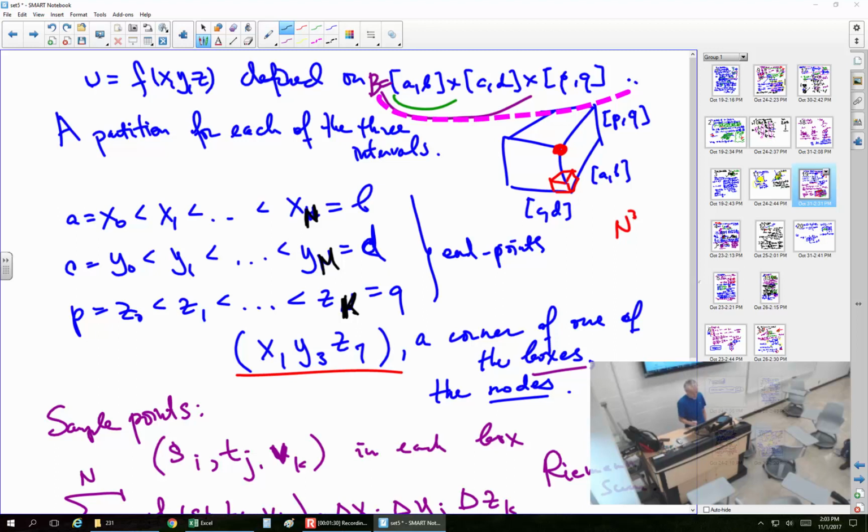Okay, typically, and then you have delta x_i equal to x_{i+1} minus x_i. This length. Okay, then similarly delta y_j is equal to y_{j+1} minus y_j, delta z_k equal to z_{k+1} minus z_k.